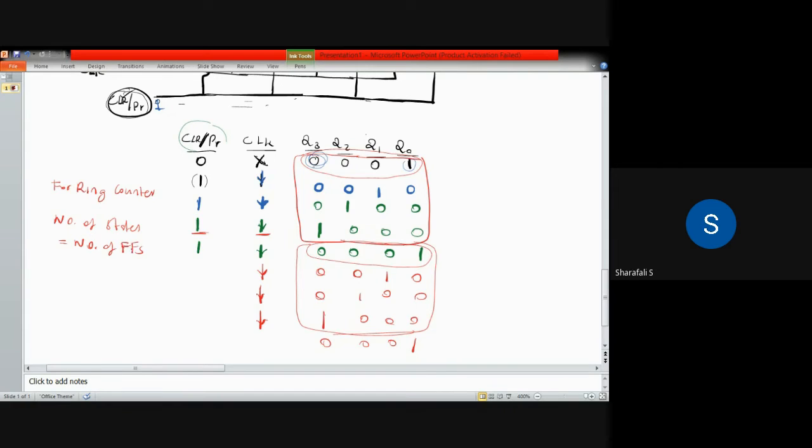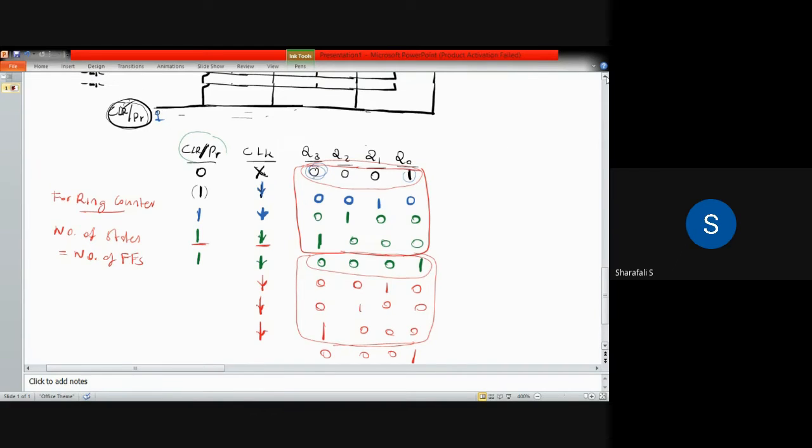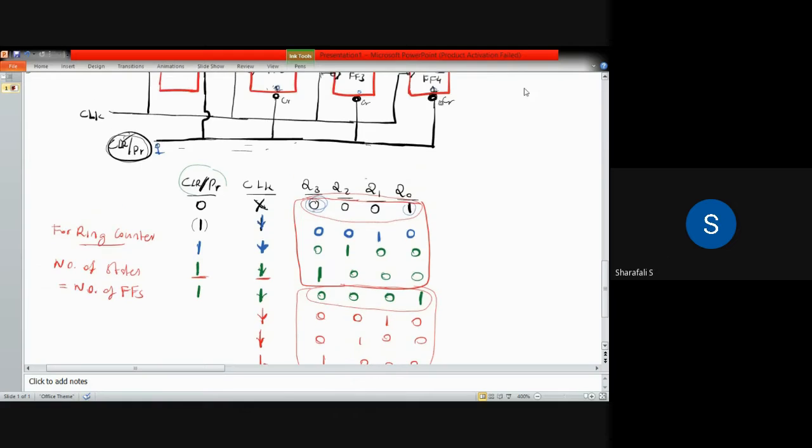In this case, the number of states is equal to 4. So for a ring counter or shift register counter, the number of states equals the number of flip-flops. If you use 6 flip-flops, the number of states will be 6. If you use 10 flip-flops, the number of states will be 10. Here we are using only 4 flip-flops, so we have 4 different states.